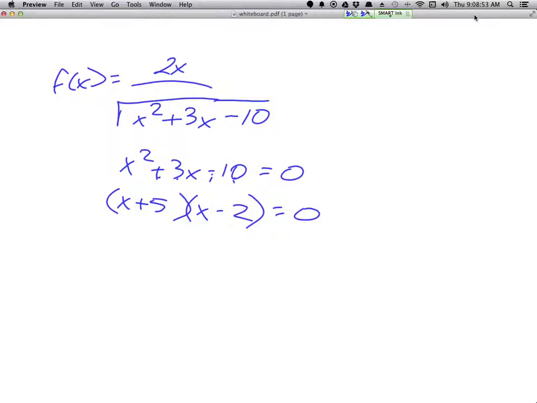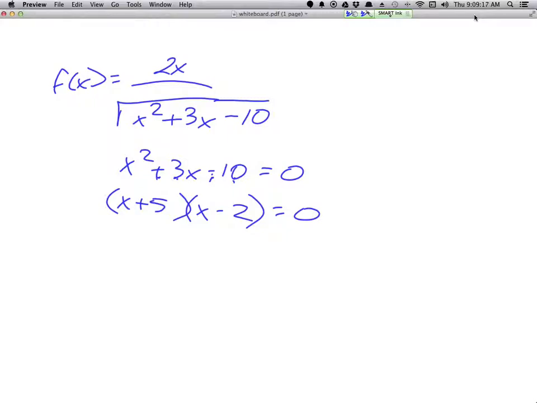This tells me what my biggest number has to be. My signs are different. The biggest one has to be positive. That's how I read it when I'm factoring. So the first thing I do is I need factors subtracted to get this number. This tells me my factors have to have different signs. This tells me my biggest one has to be positive. That's how I read it. So if that helps you, have at it.